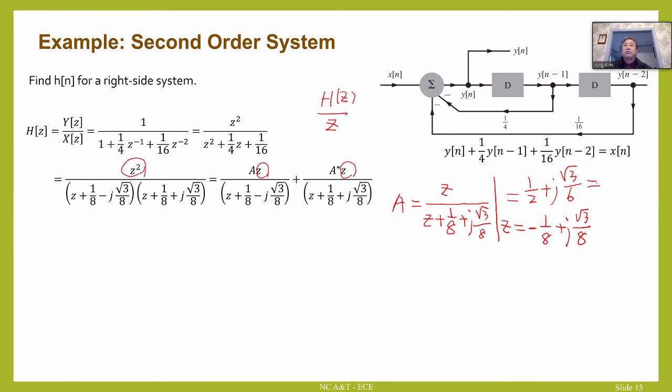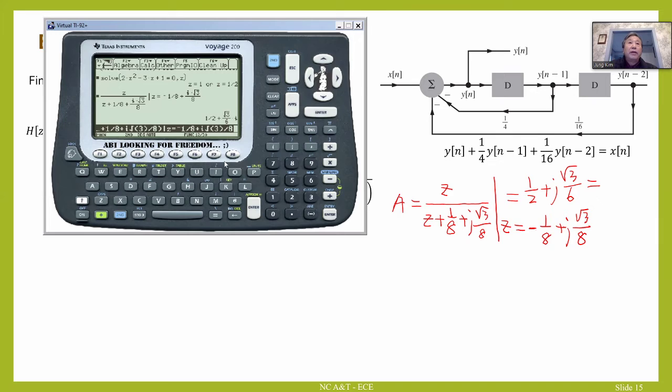I think you can change it to polar form. Using the calculator, convert to polar. I don't know if it works directly or not. Oh yeah, it works directly. So this is square root 3 over 3, and the angle is 30 degrees.